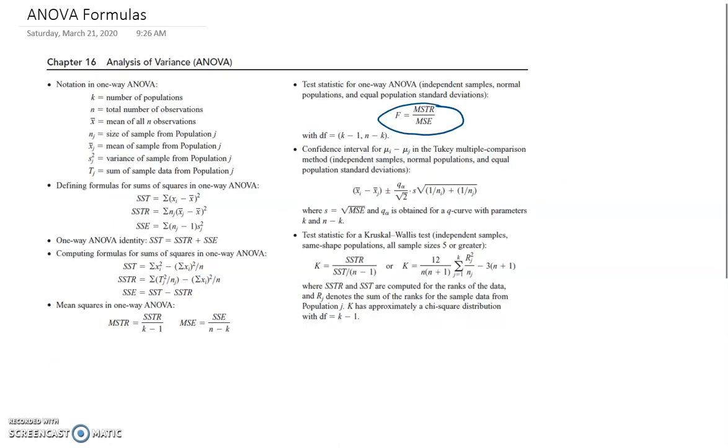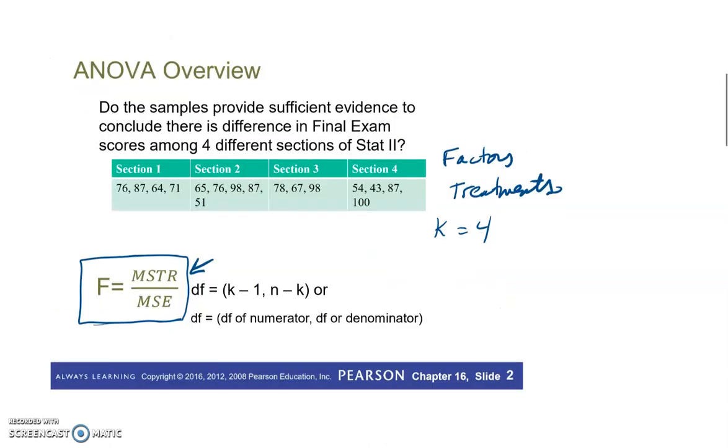So if you take a look, N is the total number of observations. So notice that this N does not have any subscript, where N sub j does have a subscript. When there's no subscript, then that N is referring to the total of all of them.